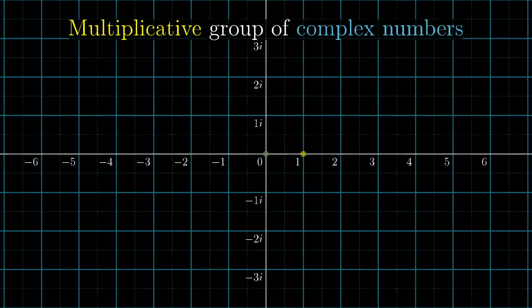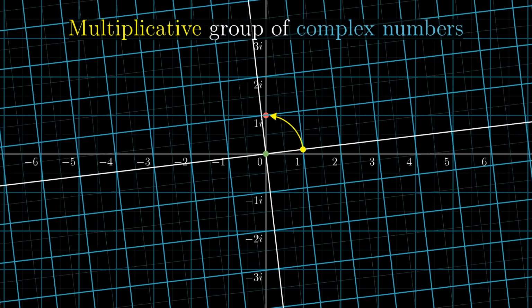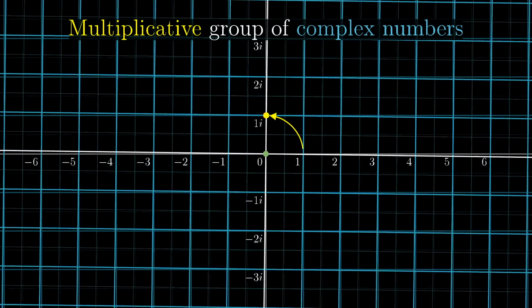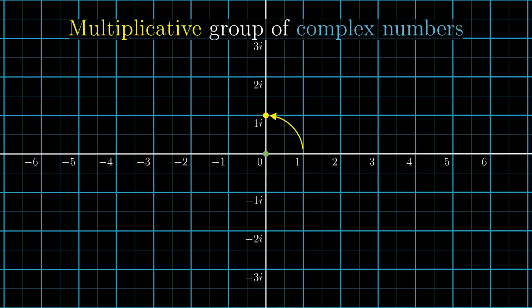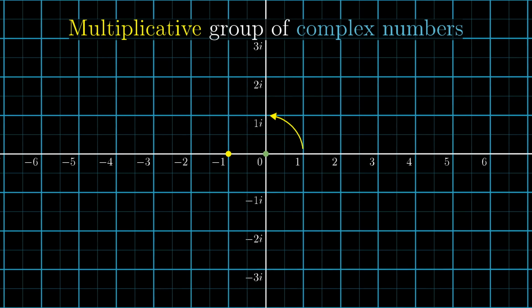The quintessential example of this is the action associated with that point at i, 1 unit above 0. What it takes to drag the point at 1 to that point at i is a 90-degree rotation. So the multiplicative action associated with i is a 90-degree rotation. And notice, if I apply that action twice in a row, the overall effect is to flip the plane 180 degrees.